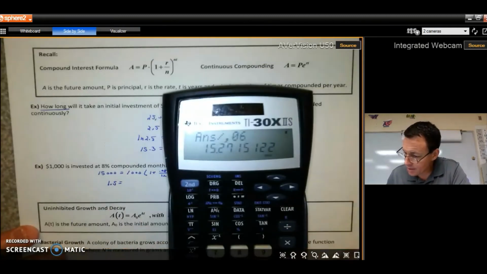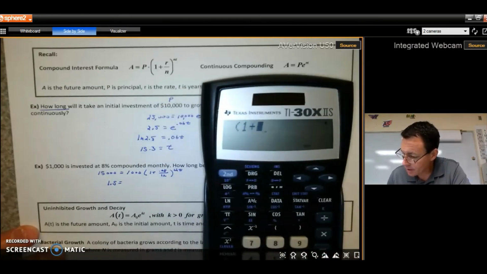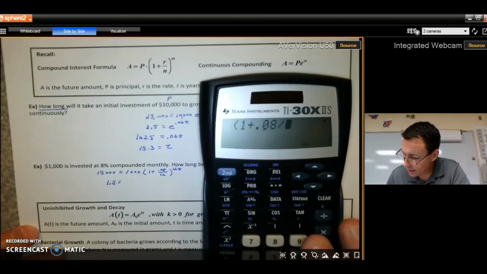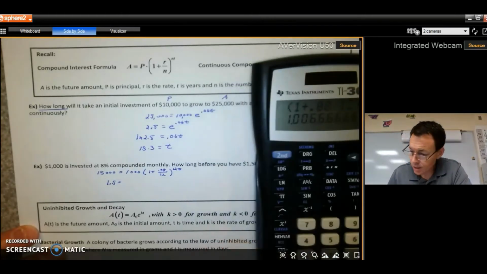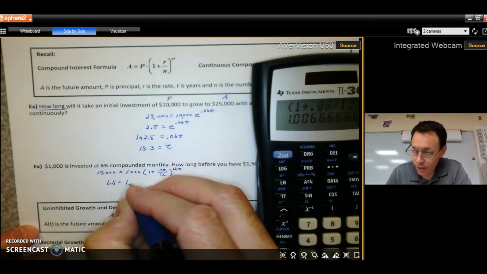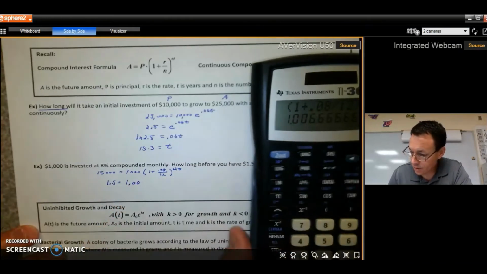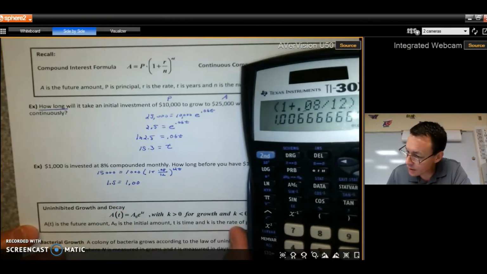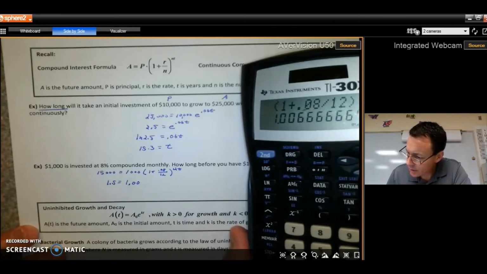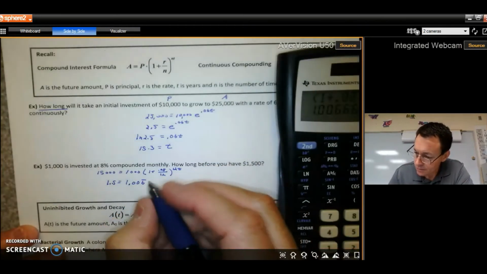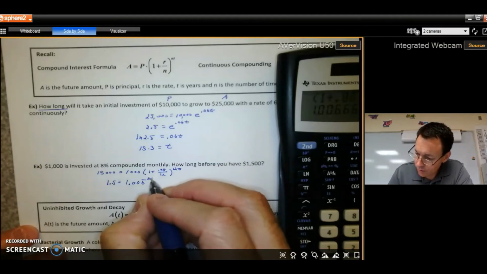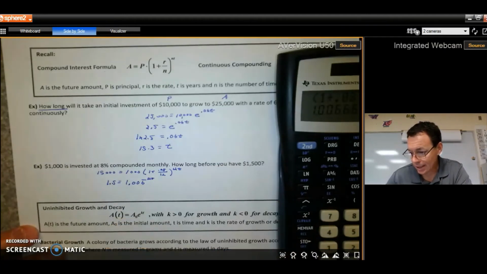Let's figure out what our base is. 1 plus 0.08 divided by 12 is 1.006 repeating, to the 12t power.